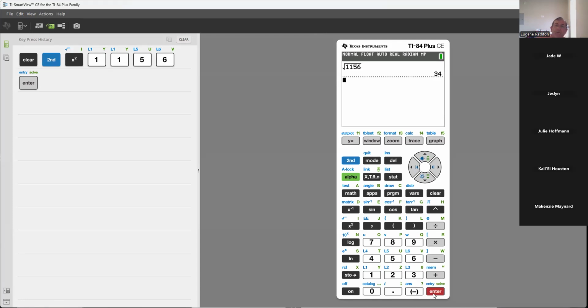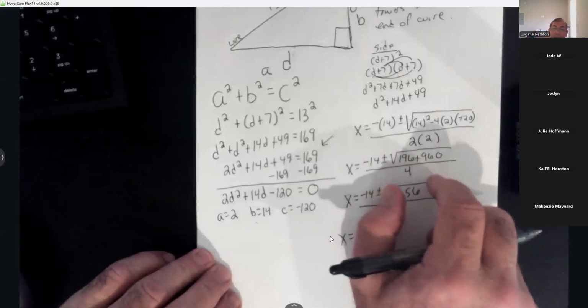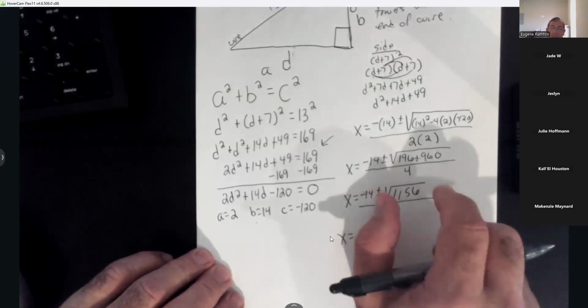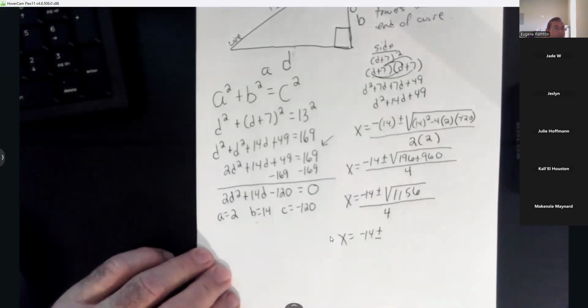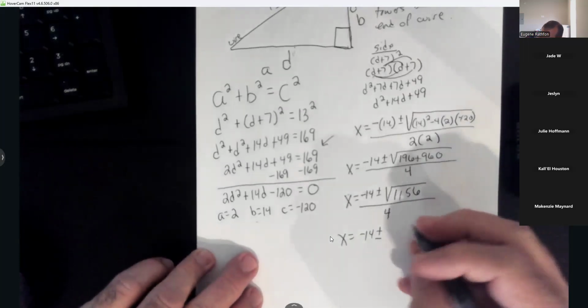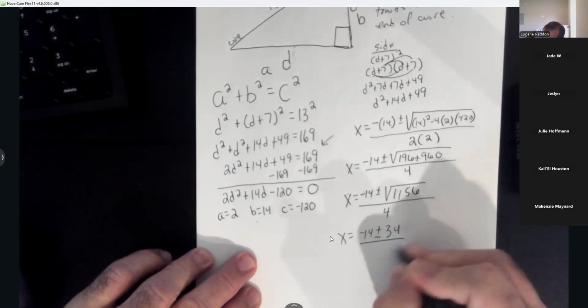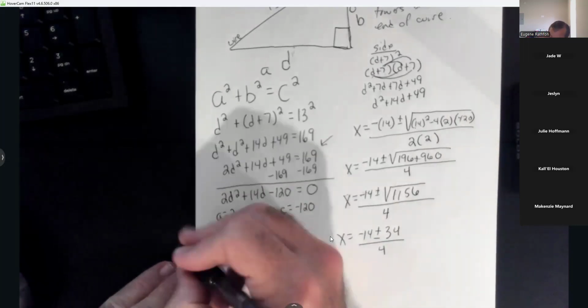All righty, so the square root of 1156 was 34. So y'all, on the word problems, they will be perfect squares. So that means you're looking for what number times itself gave you that 1156. So Jason, that'd be your 34 there. So this would be negative 14 plus or minus 34 over 4.